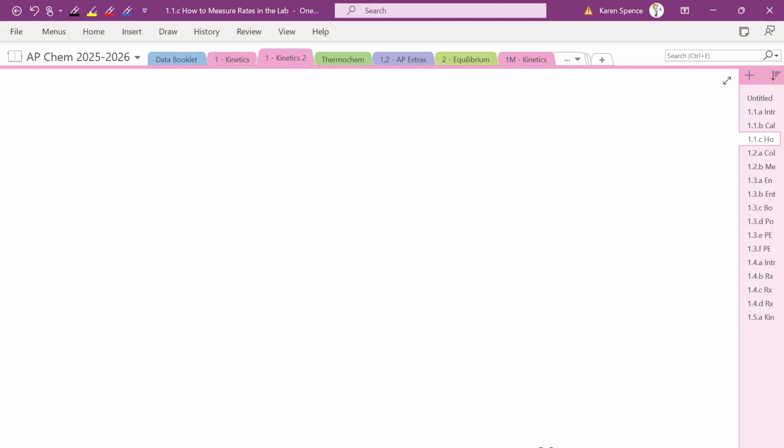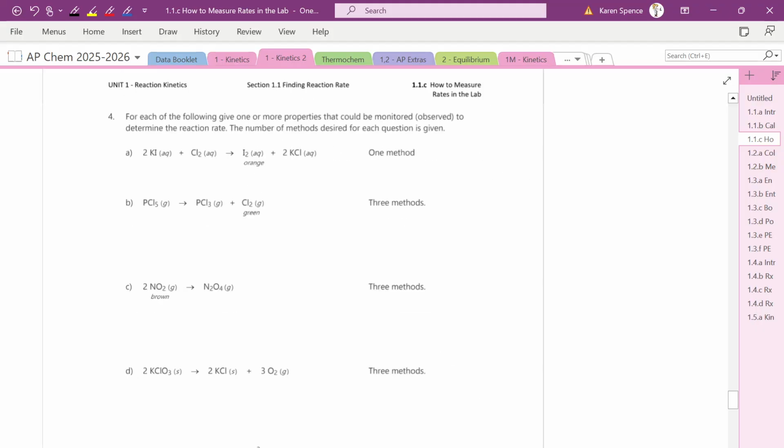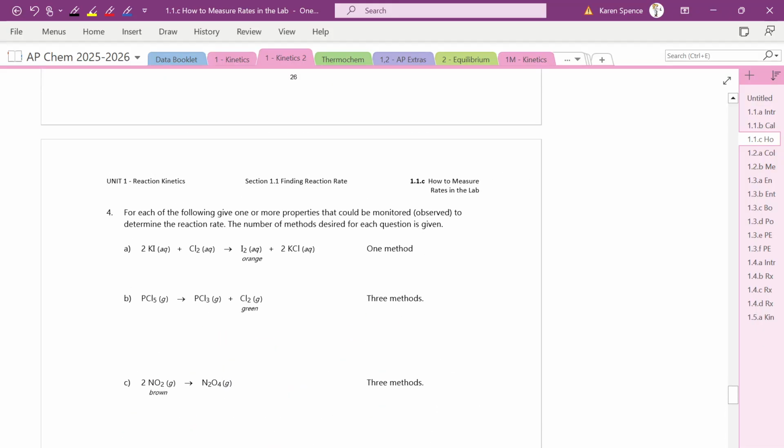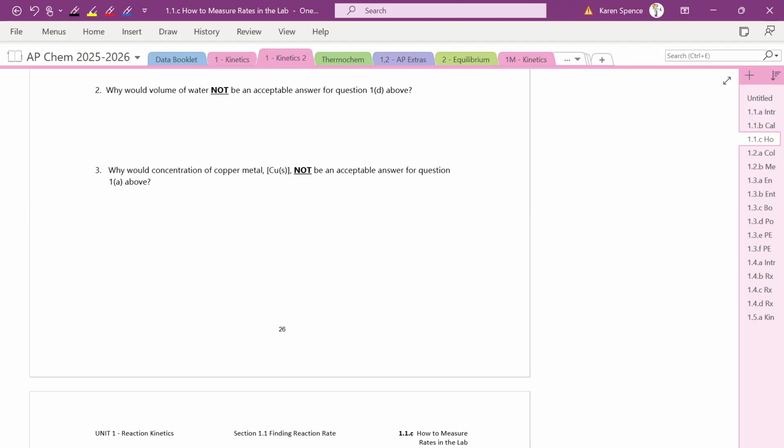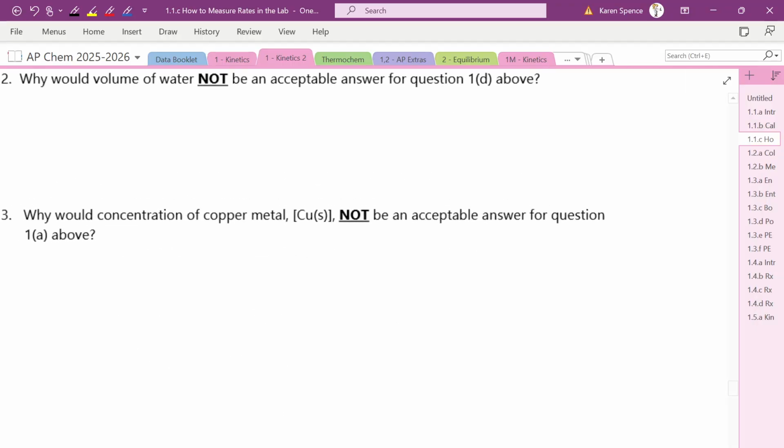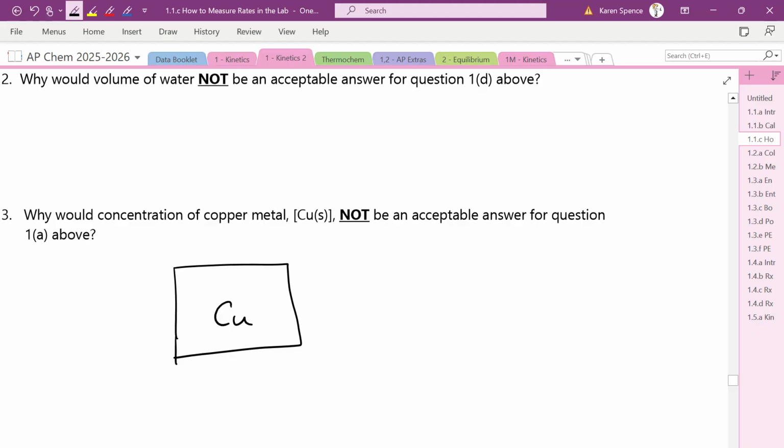You had a question. Question 3. Yes. Why would the concentration of copper metal not be an acceptable answer for question 1A? So here's my piece of copper metal. Okay, and concentration is moles per liter, yes?